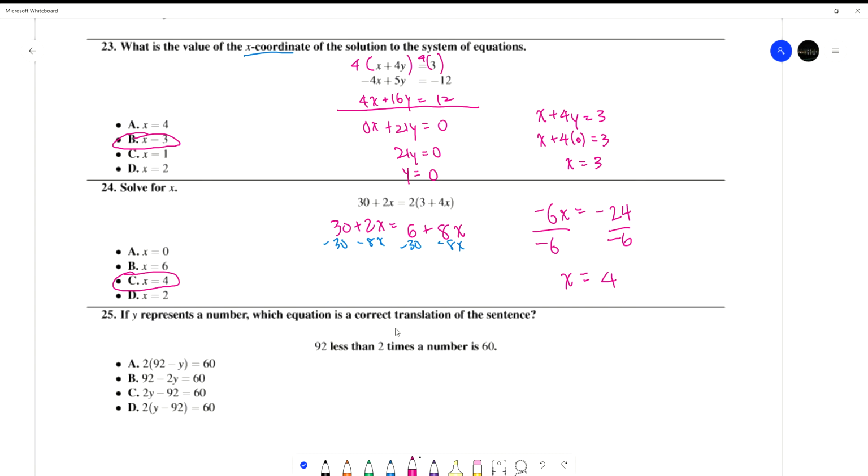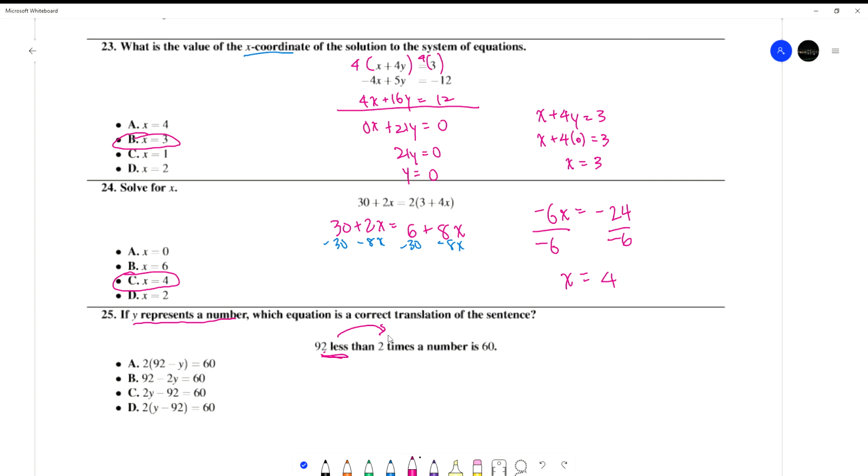Okay, last but not least, if y represents a number, so y is our number, which equation is a correct translation of the sentence? So 92 less than 2 times the number, right? So we remember this goes after, right? 92 less means you subtract 92 from something else.